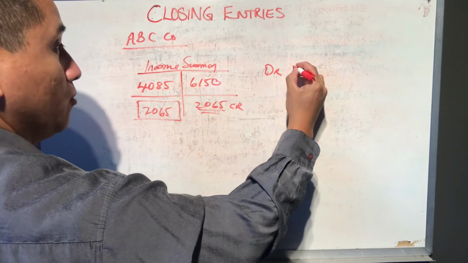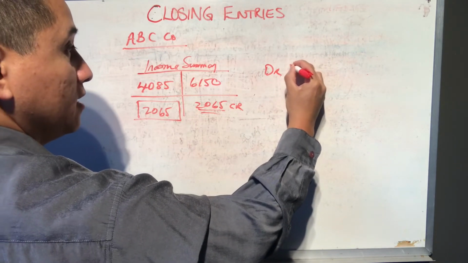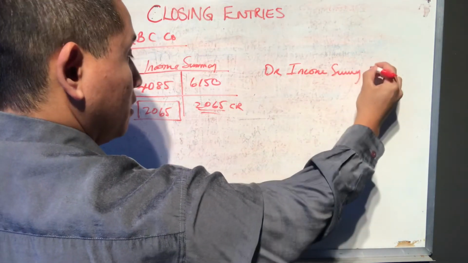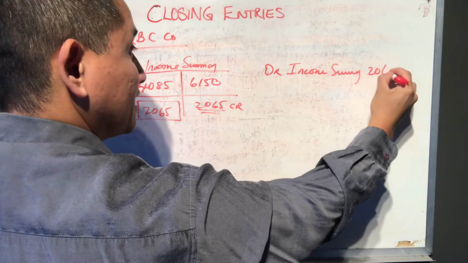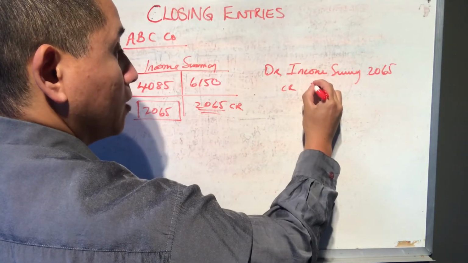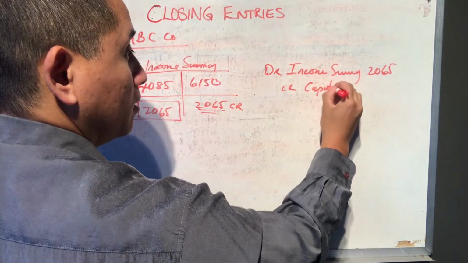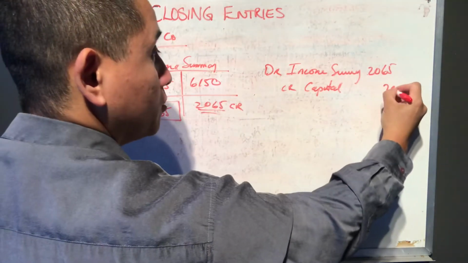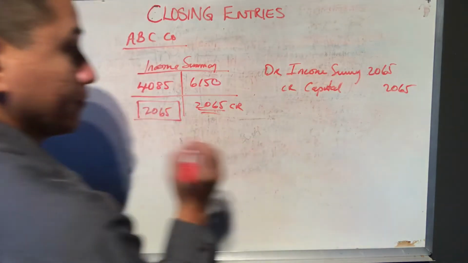So we would debit income summary of 2,065, and we would credit statement of owner's equity or capital, whatever the name would be, of 2,065.